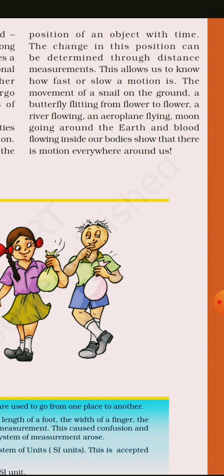The movement of a snail on the ground, a butterfly flying from flower to flower, a river flowing, an aeroplane flying, the moon going around the earth, and blood flowing inside our bodies show that there is motion everywhere around us.